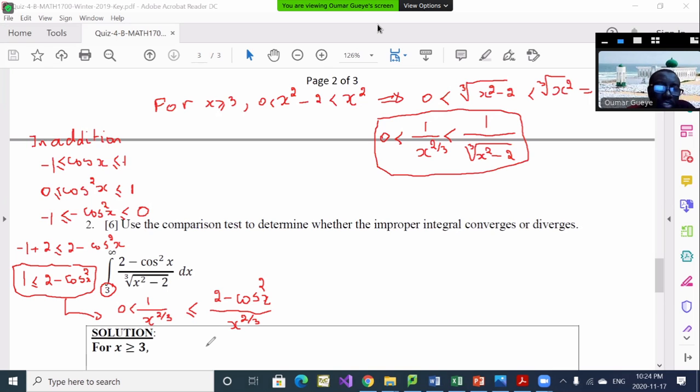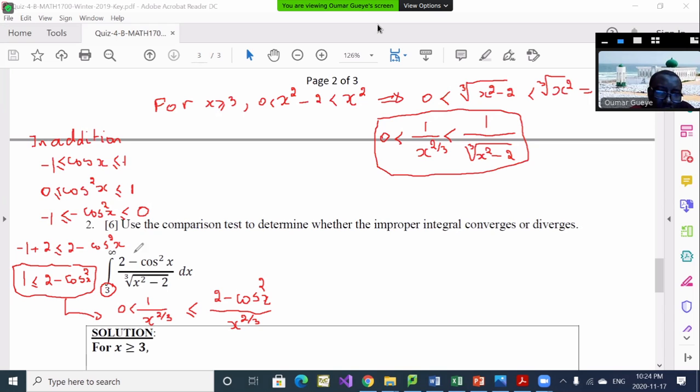Is it okay up to here? Any question? Sir, why are we dividing it by x to the power 2 by 3? Because I'm trying to use this part in order to get my function here. This is a numerator, you see?